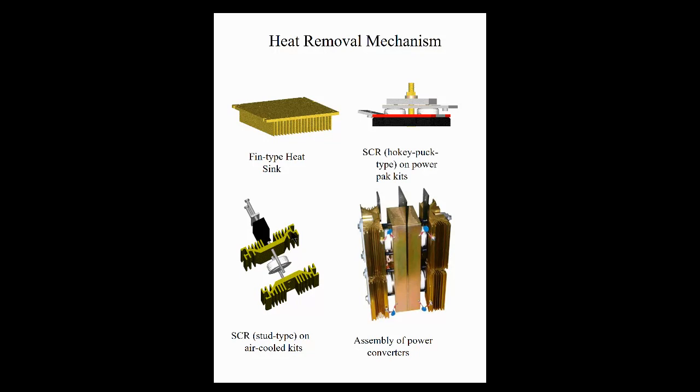All right, so what I'm showing you here is just different types of heat sinks that you can have. We have our fin type in the top left hand corner, and here we have our SCR, and this is another type at the bottom that is used with the SCR, and the bottom right hand side, that's a power converter there, and you can see on it the heat sink that is attached to it.